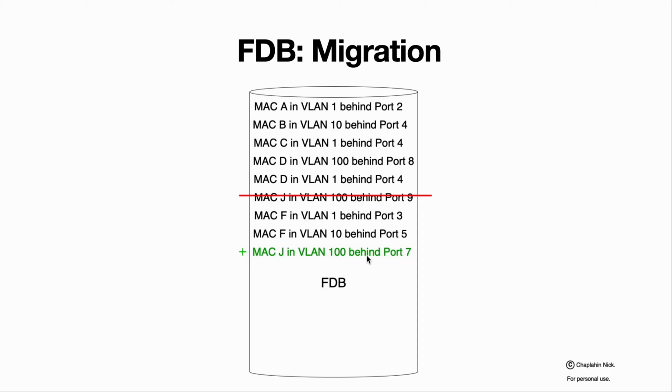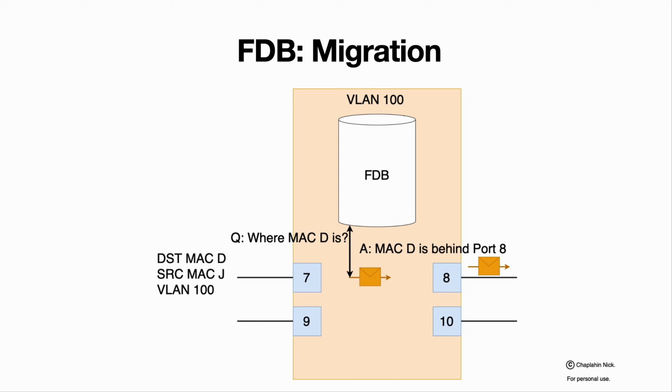A new one is added. This is so-called migration. Then, if we have an entry for the destination MAC D in VLAN 100, it is forwarded. If not, and flooding is allowed, it's flooded. If flooding is disabled, it's dropped.